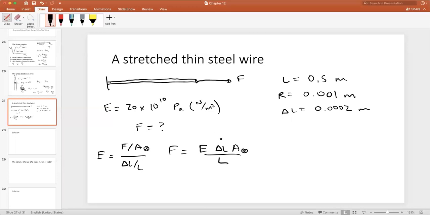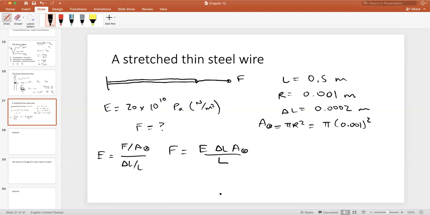So now all that's left, I have delta L, I have L, I have E, I need cross-sectional area A. If this is a thin circular steel wire, then this is pi r squared, which is pi times 0.001 squared.